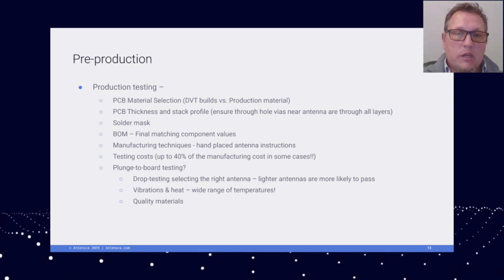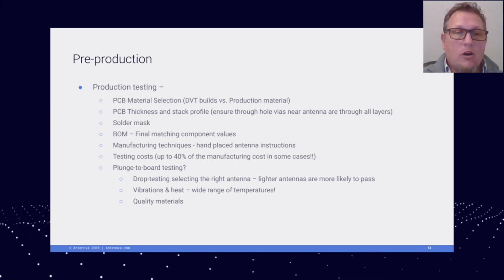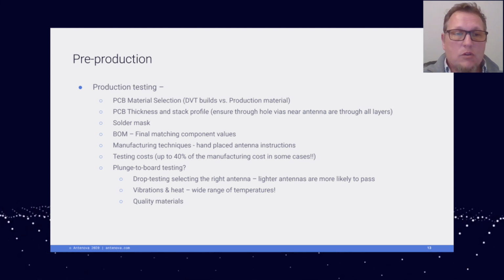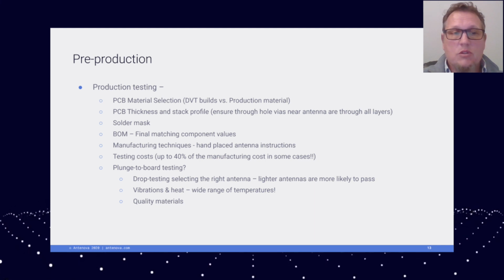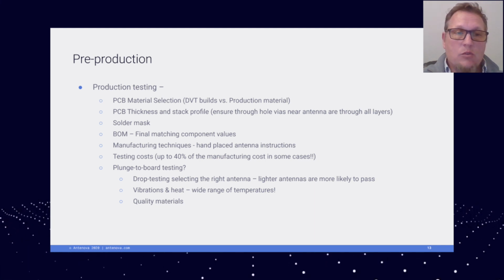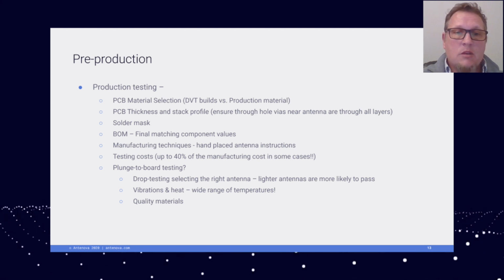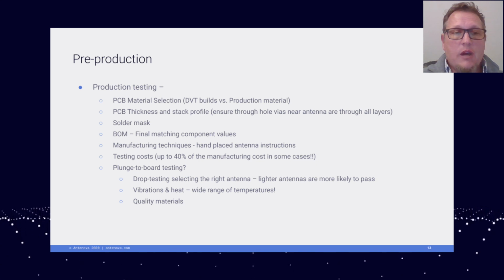So you want to make sure that the PCB thickness and your stack profile are very similar, because the impedance of your grounded coplanar waveguide is relying on those tolerances to stay the same in order to be tuned properly to the proper impedance.